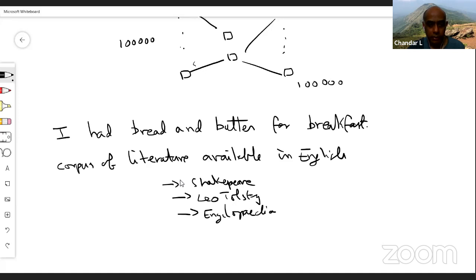So let us say we have all this corpus of information, and each one of these ultimately consists of several sentences. I have just given one simple sentence here, but imagine that each novel or story is going to have millions of sentences, and each sentence will have several words.